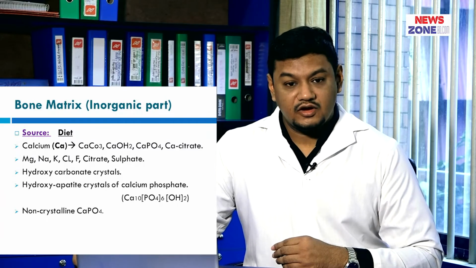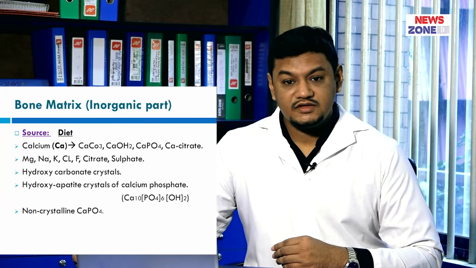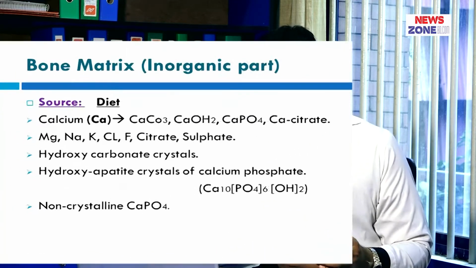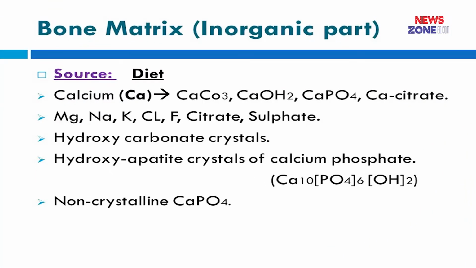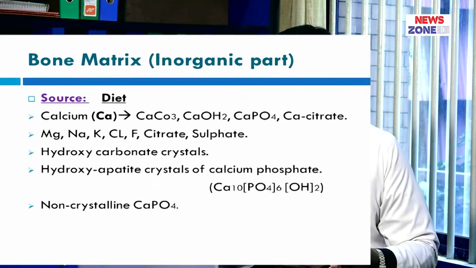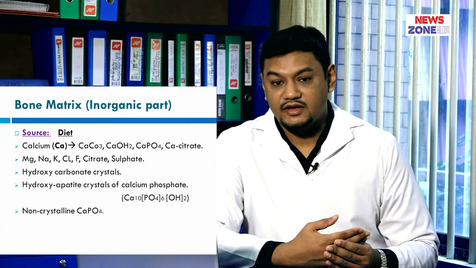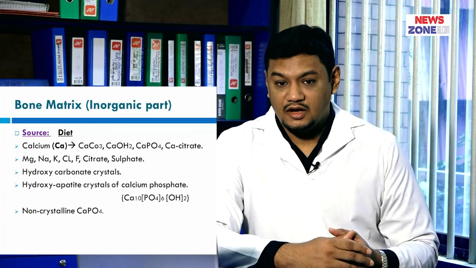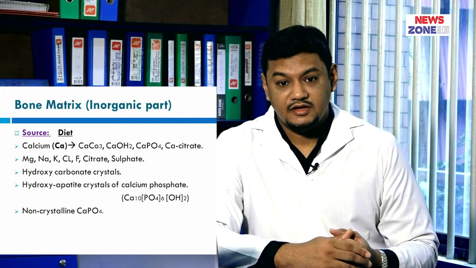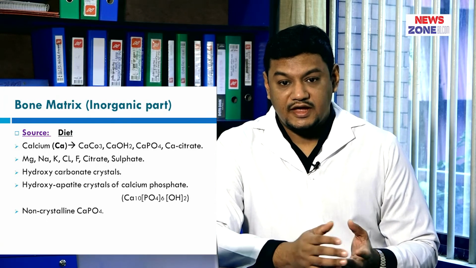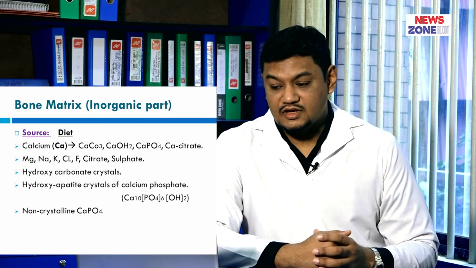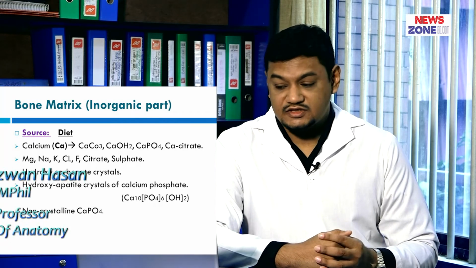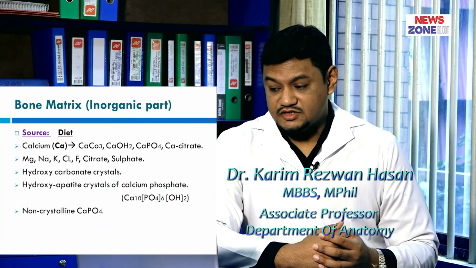Now the inorganic part. You can see in the inorganic part, the source of the inorganic part is mainly from the diet. So through your food, you are taking the inorganic part. Your body cannot synthesize the inorganic part by itself. So the major component of the inorganic part is calcium. As I mentioned earlier, the calcium is forming different kind of salts like calcium carbonate, calcium oxalate, calcium phosphate, calcium citrate.